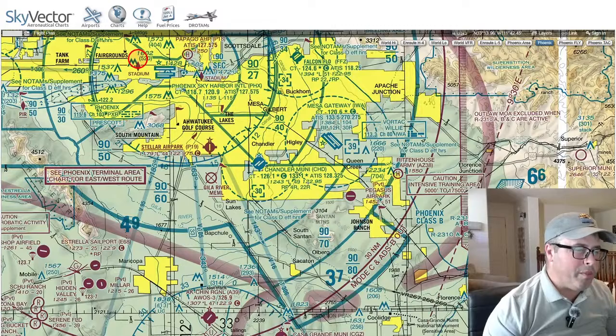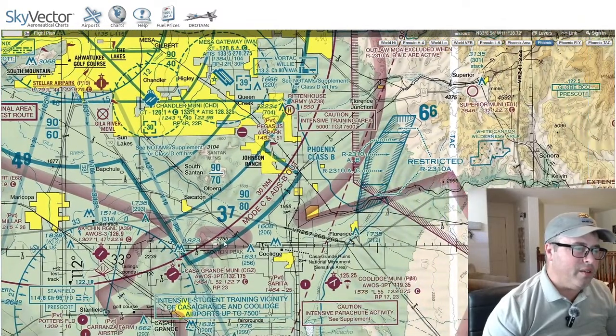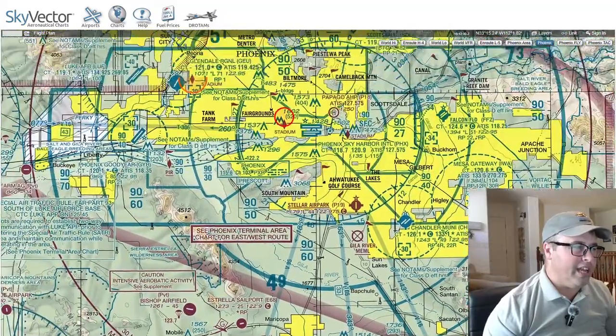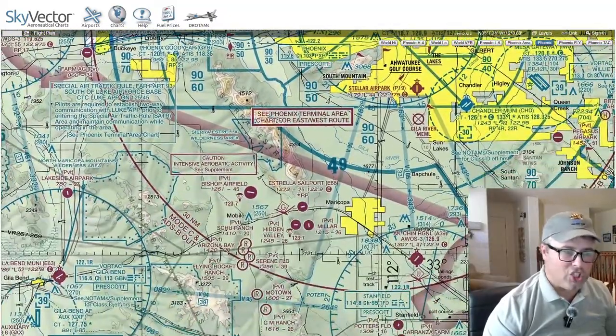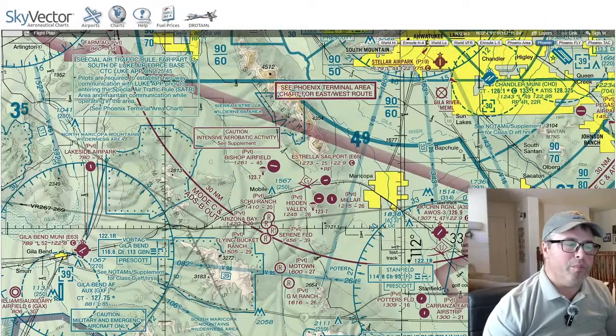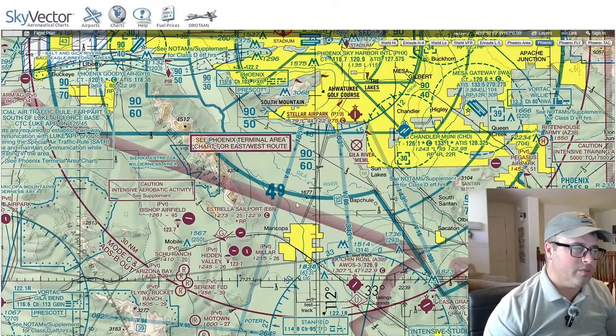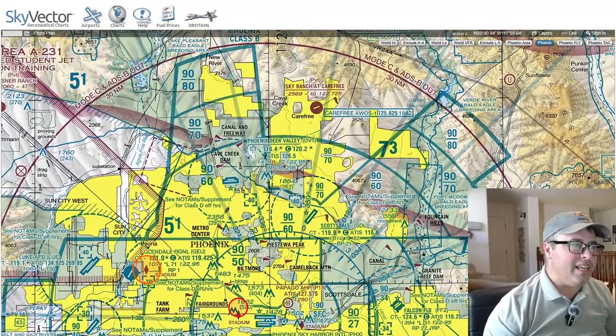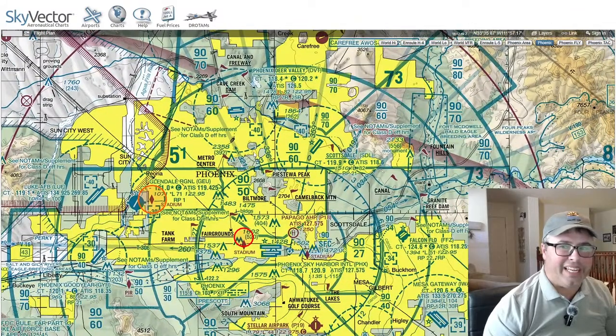You want to be able to look at that, and then look, there's this big magenta line that goes all the way around it. It's not class Charlie airspace. That's your Mode C and ADS-B out veil. Inside here is where aircraft have to have Mode C transponders and ADS-B out.